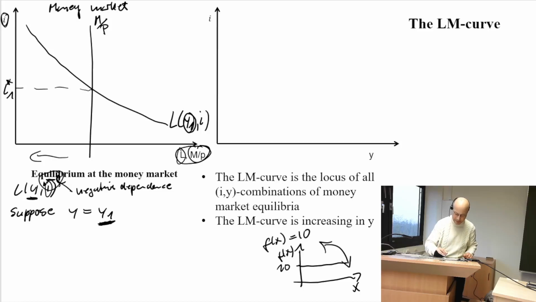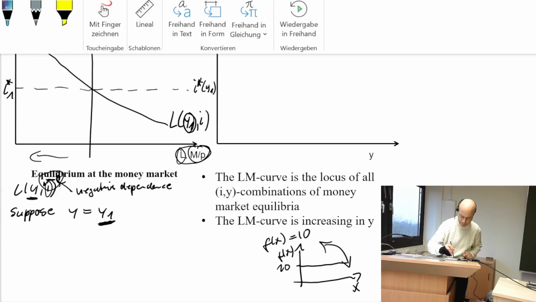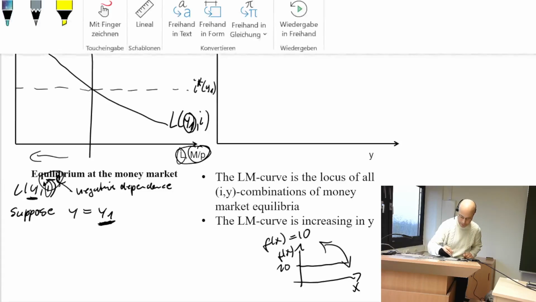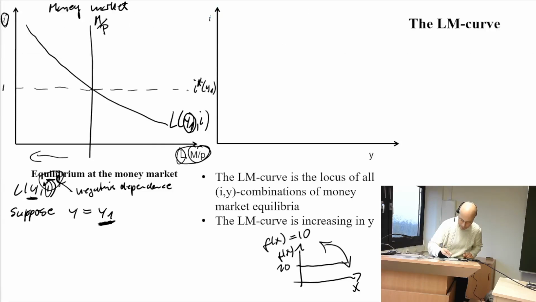We fix income, and then we obtain an i star of y1.